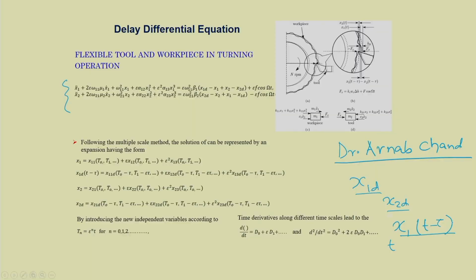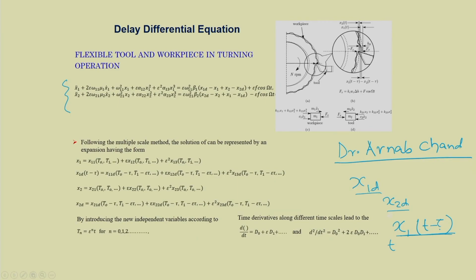So, we have to go to the past history to see what the displacement of that point was. That is x1d. Similarly, we have this x2d. This is equal to x1d minus x1 plus x2 into x2d minus x2, and then we have a forcing term epsilon f cos omega t.